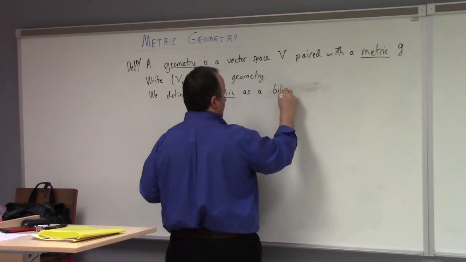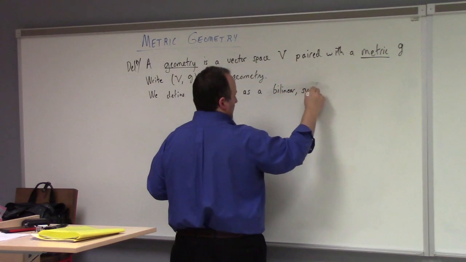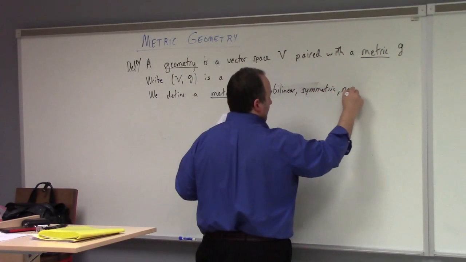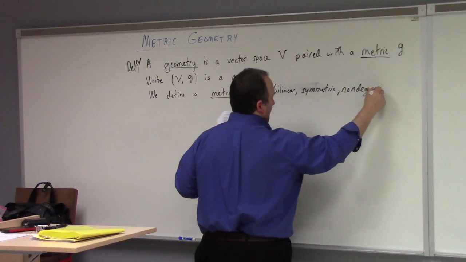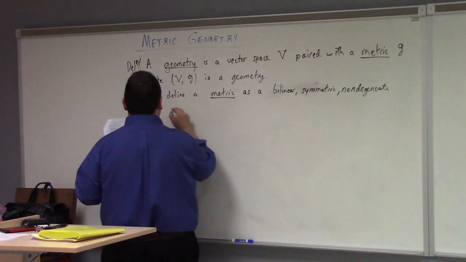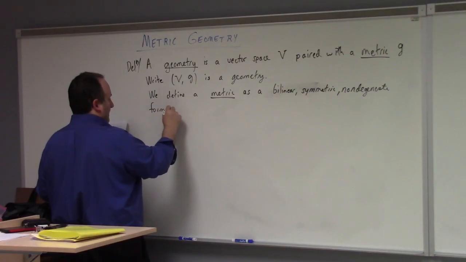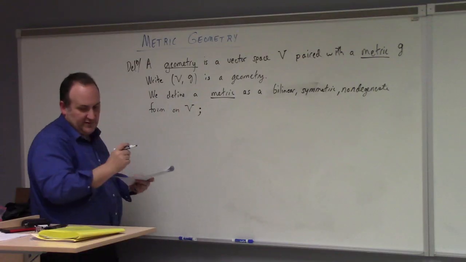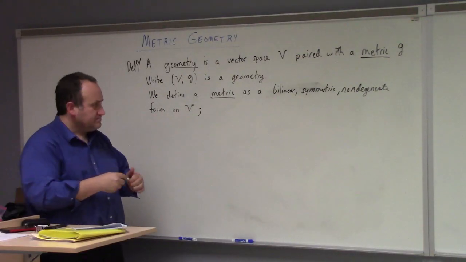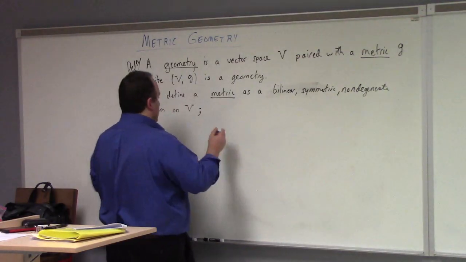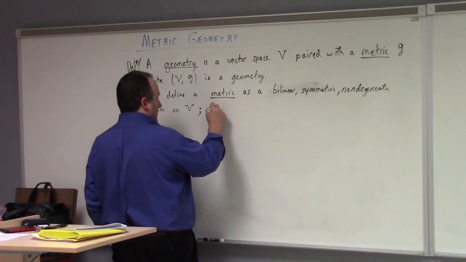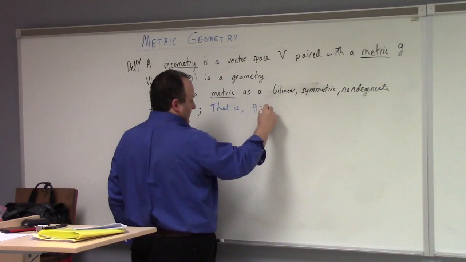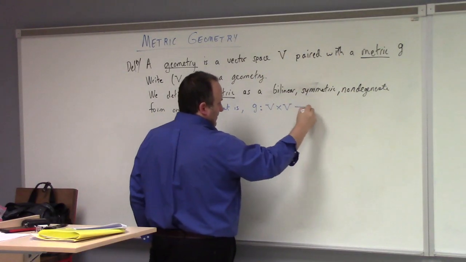Bilinear, symmetric, non-degenerate form on V. And so what I mean by that, let me spell that out with some equations rather than just words, is, let's see here, that is, G is a mapping from V cross V.